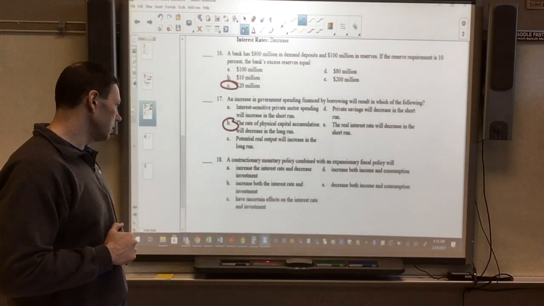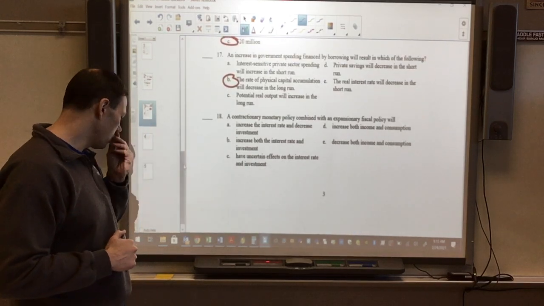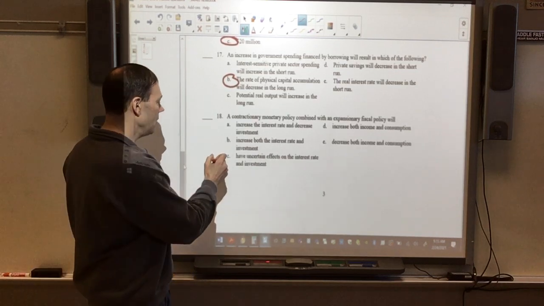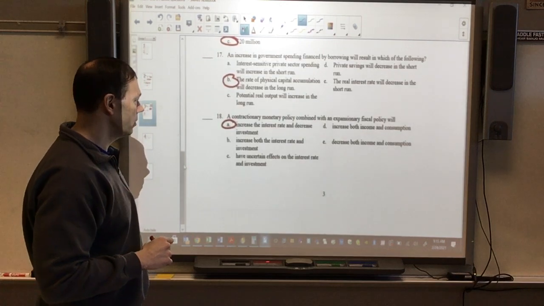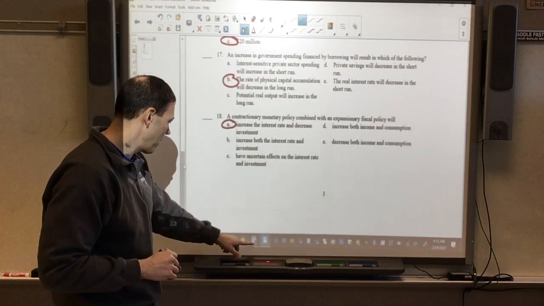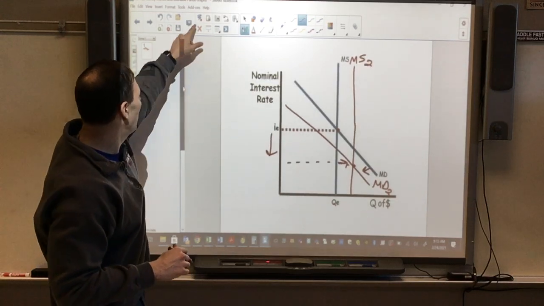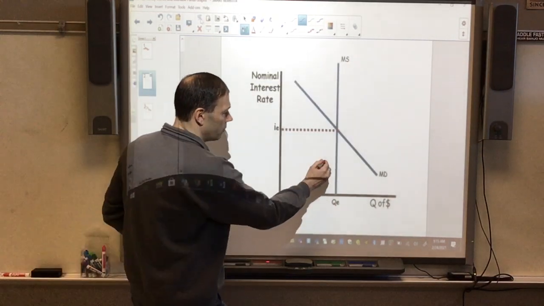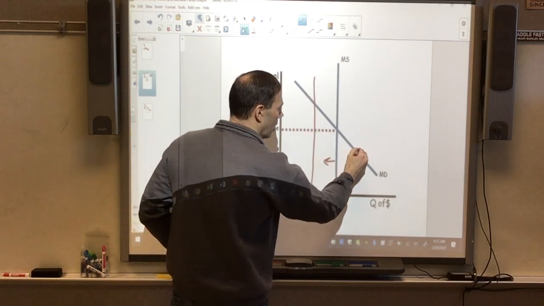Number 18, contractionary monetary policy combined with an expansionary fiscal policy. What's going to happen is A, increase in the interest rate and decrease in investment. So again, coming back to our money market graph. Our monetary policy was contractionary, so money supply goes down.